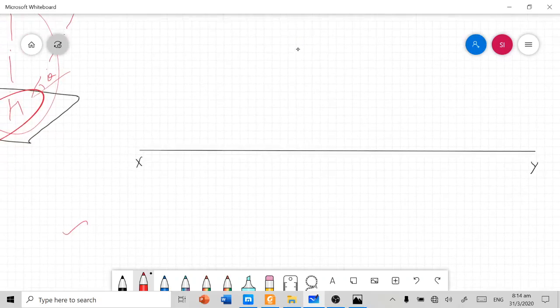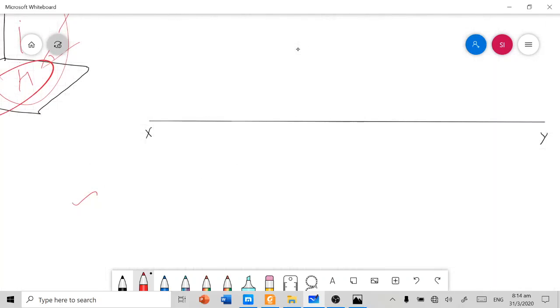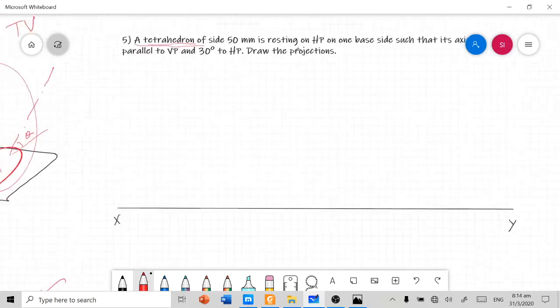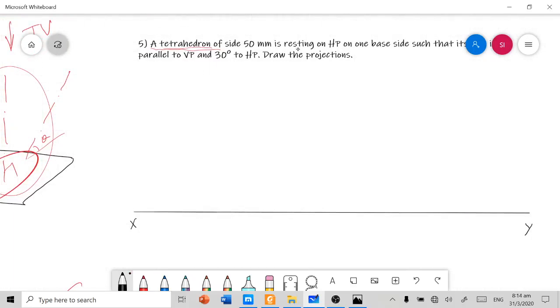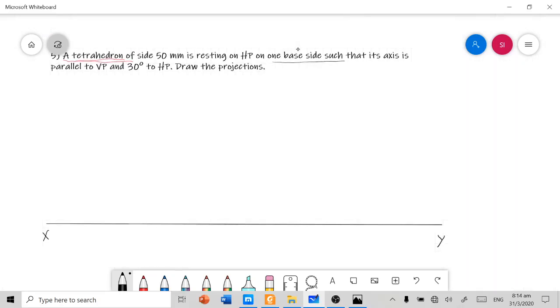In the top view, now we are going to draw an equilateral triangle of side 50 mm. Let me draw the base. Meanwhile, in this equilateral triangle you need to maintain one base side perpendicular to VP, because here the solid is going to rest on HP by one of its base sides.